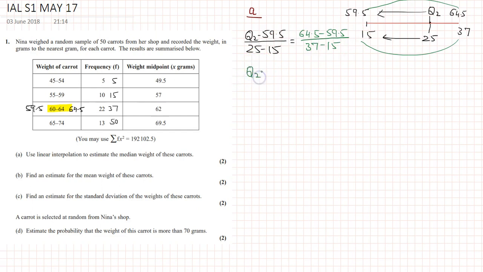So Q2 minus 59.5 over 10 is equal to 5 over 22. So Q2 will be 5 multiplied by 10 over 22 plus 59.5.